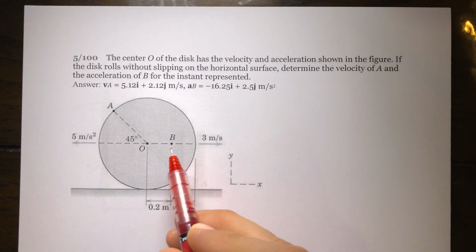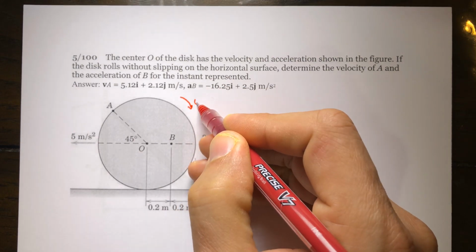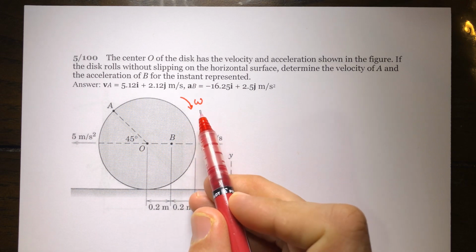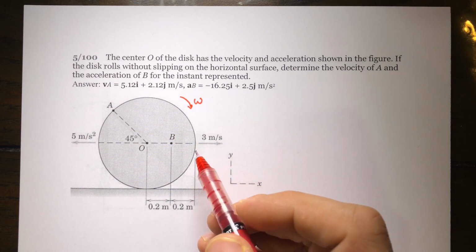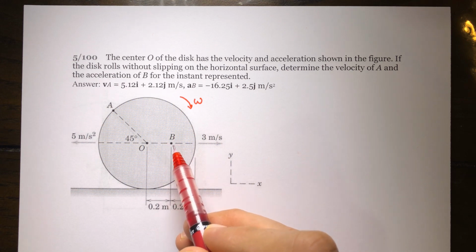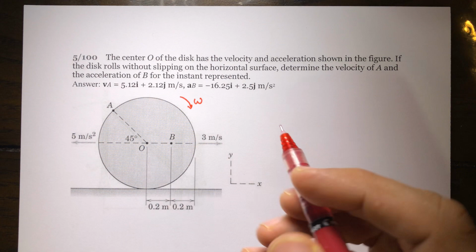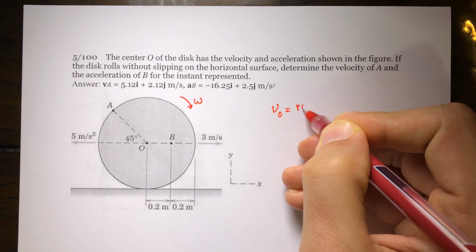So the disk is rotating in this direction because the velocity is to the right, and we need to find omega. If you remember in previous sections, we proved that whenever you have a disk which is rolling without slipping, velocity of the center of the disk is going to be r times omega.